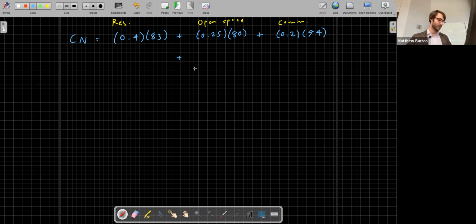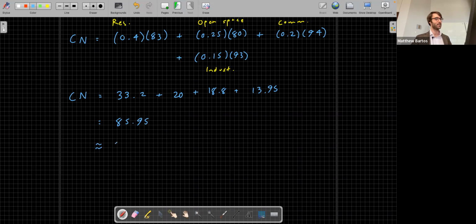And finally, we add 0.15 for industrial, which has a curve number of 93. Okay, so our ultimate composite curve number for this catchment is, I'll write out the computations just so we can check it. 33.2 plus 20 plus 18.8 plus 13.95, which adds up to about 85.95, which we will round up to 86. Conventionally, these are written as integer values.